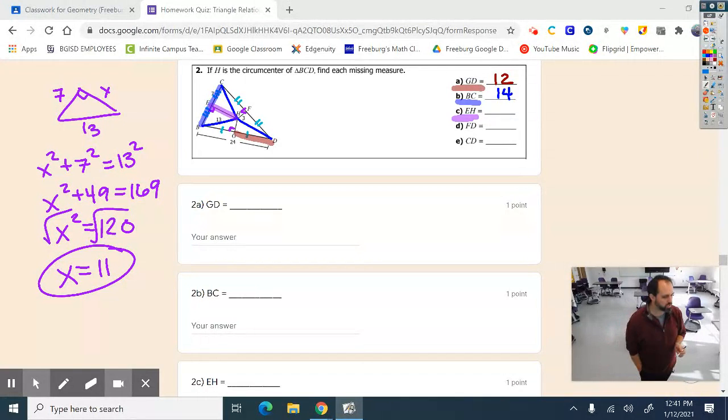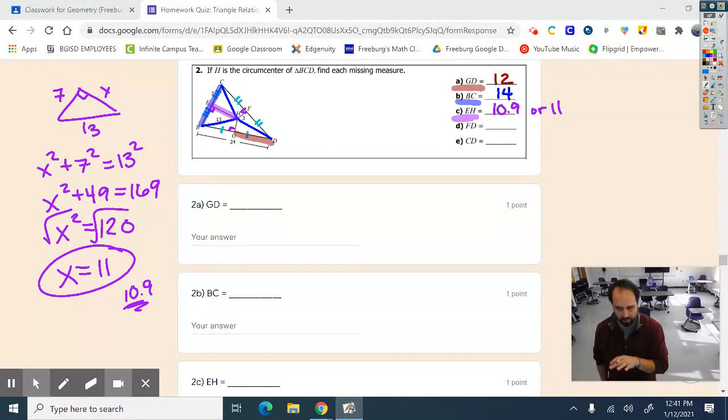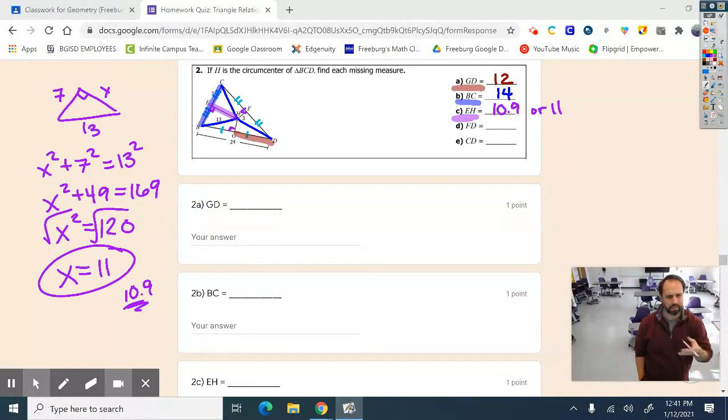It might be close enough to 11 that when you round to the nearest tenth, it is 11. So maybe it's 10.9, but maybe it's 11, whatever that ends up being. Okay, double check me again on my math. I'm not sure which one it is, but it's really close, because if it was 121, it would be 11, right? So it's really close there.